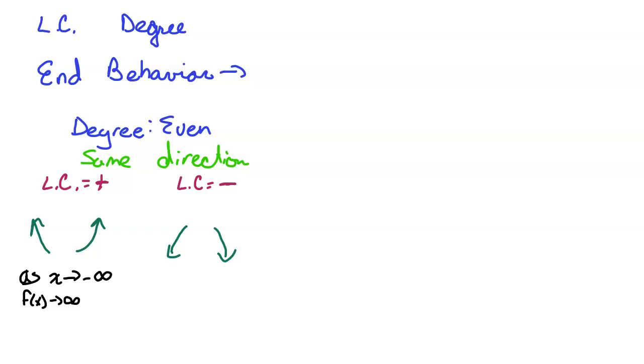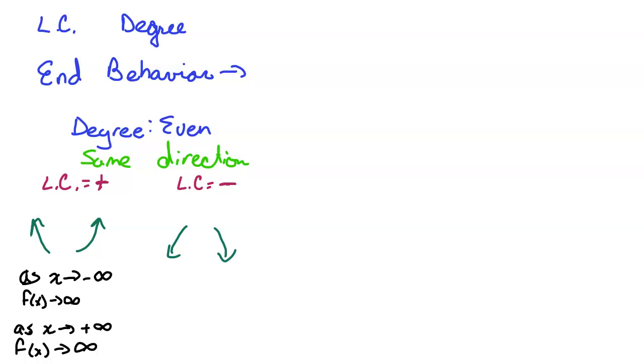As x approaches positive infinity, over here, going off to the right, f of x is approaching positive infinity as well. That is if they are the same direction. Notice positive, positive, positive, that sort of thing. Okay?